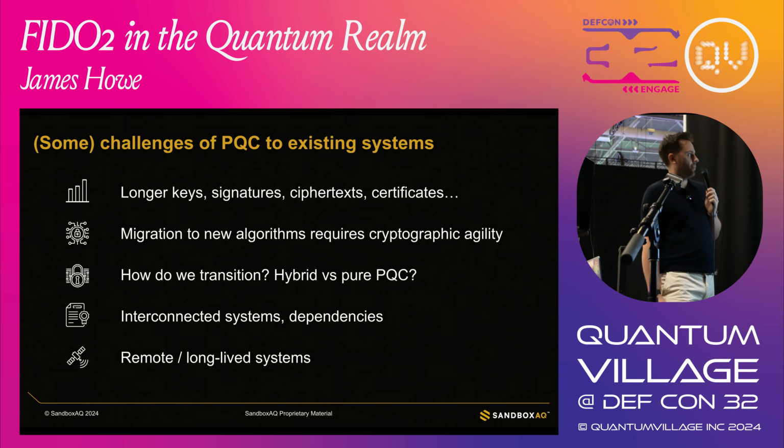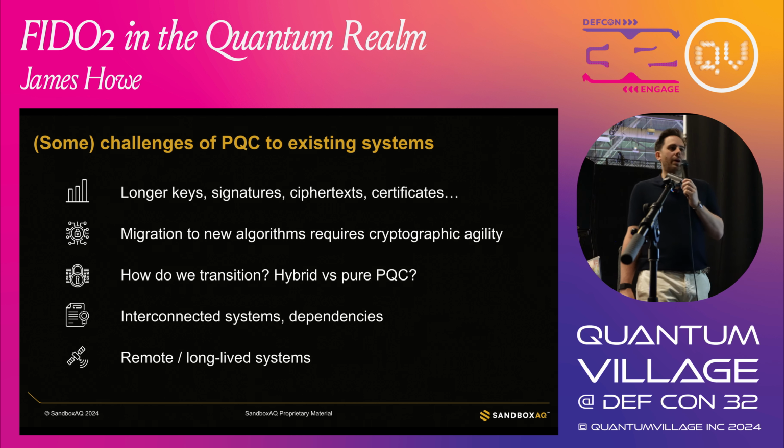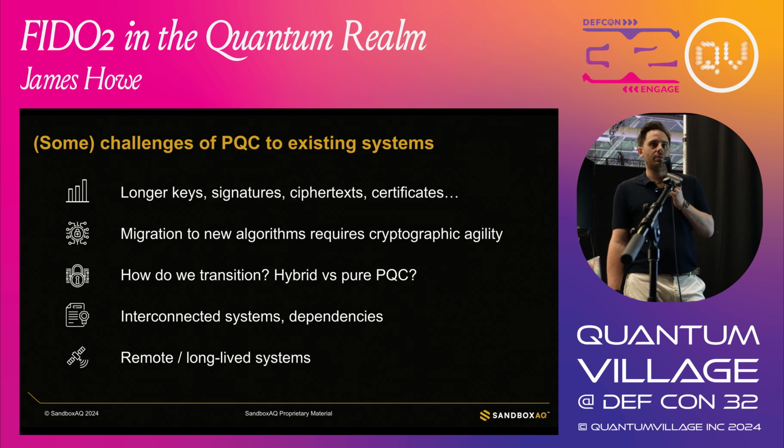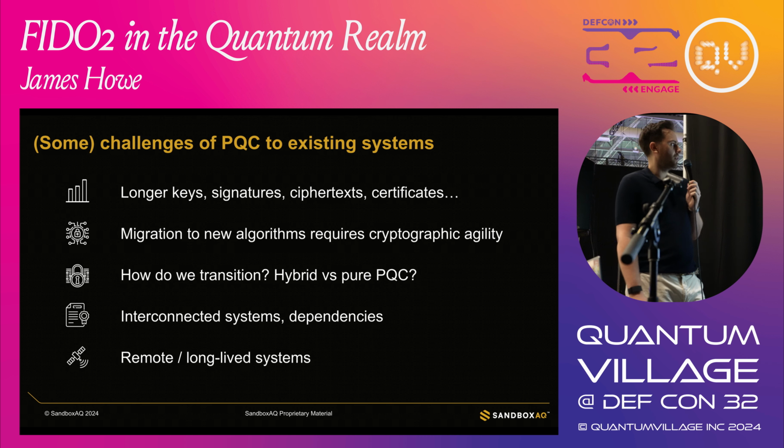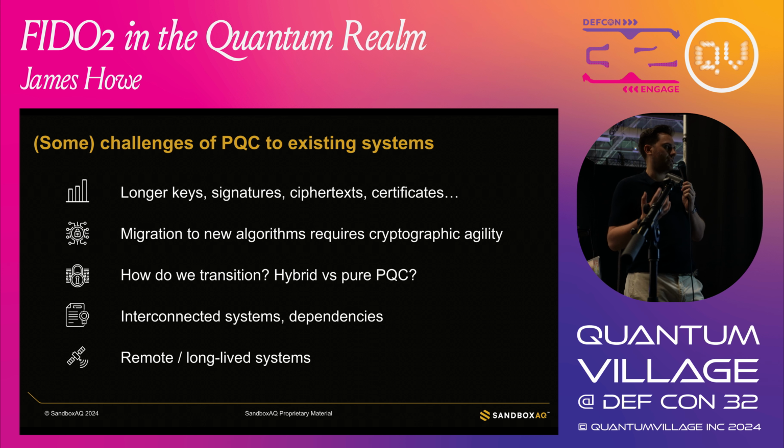So we have a lot of issues with post-quantum, at least when we compare it to the schemes that we have at the moment based on RSA or elliptic curves. So in general, the keys are larger, the signatures and ciphertext are larger. Certificates are going to be affected by this.